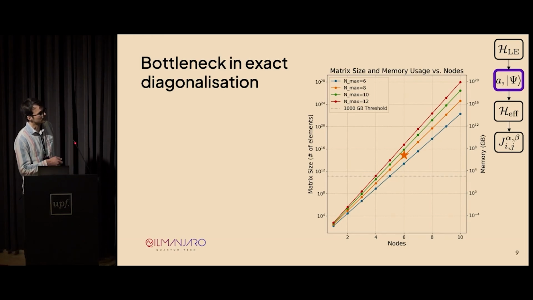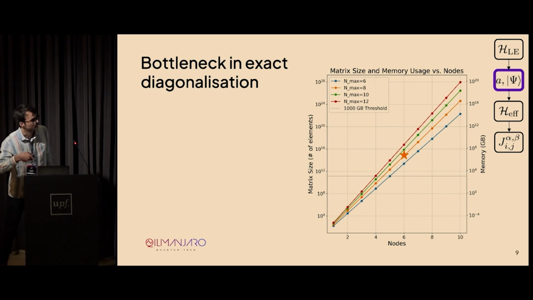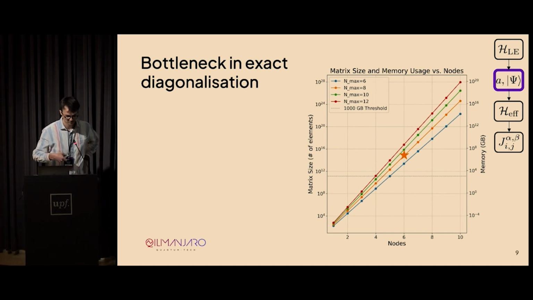Here I plot the number of elements in this matrix representation against the number of nodes, which corresponds to the size of the system, and also the memory required to represent this matrix, assuming full matrices.